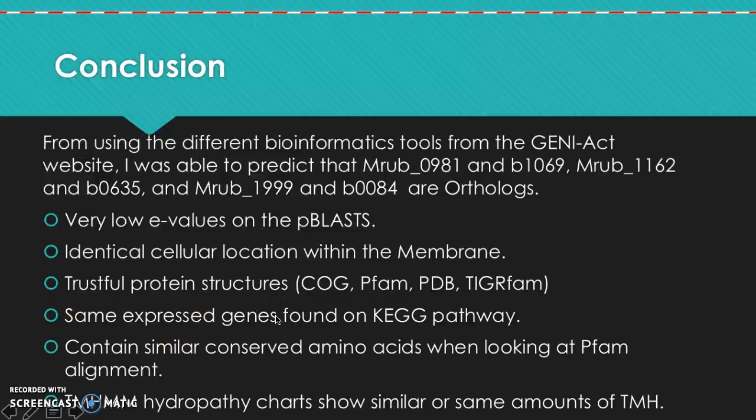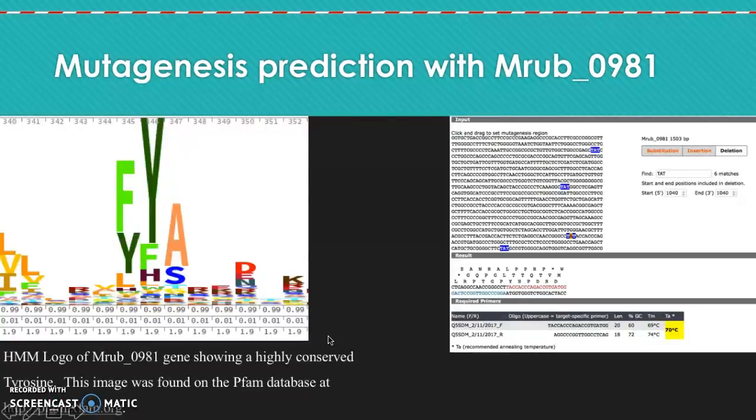The same genes were also expressed on the KEGG pathway as I showed you in the previous slides, and also the PFAM alignments with the highly conserved amino acids. That was good evidence, and the hydropathy charts for the transmembrane helices dealing with peptidoglycan associated proteins. It would make sense that the proteins would be located in the membrane of the cell.